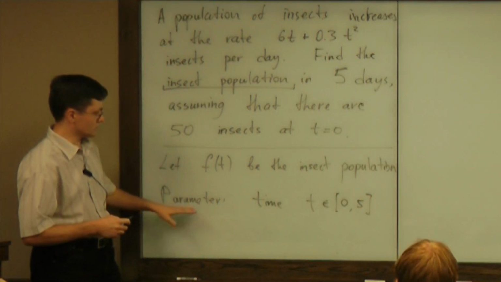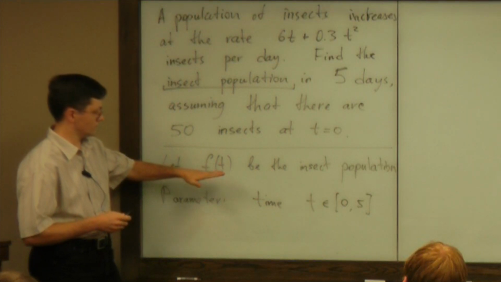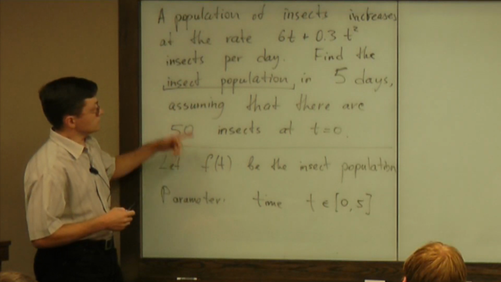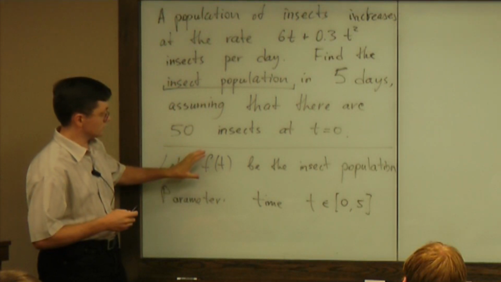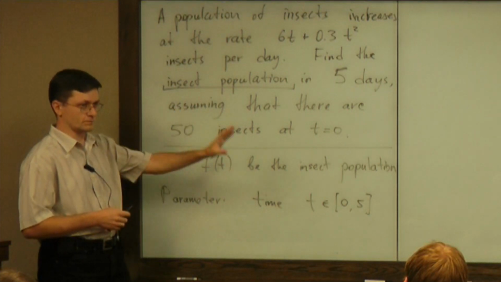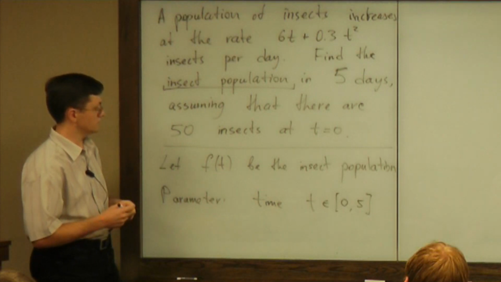Okay, now once you chose the parameter and once you know what the value you have of the ultimate interest, you have to somehow explain why that value can be expressed as an integral with respect to the time.